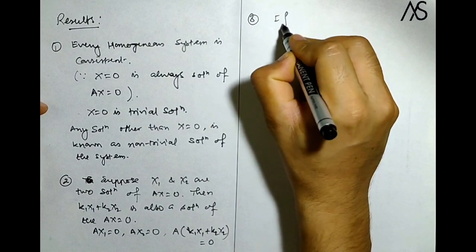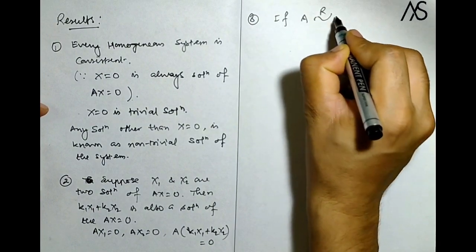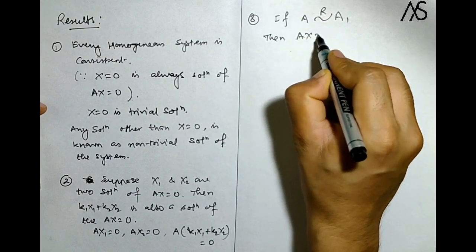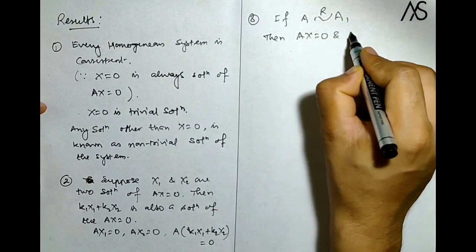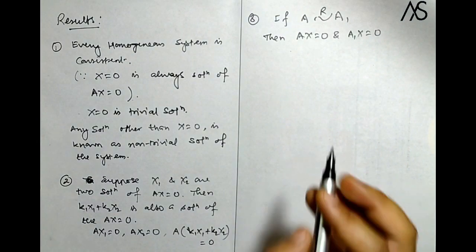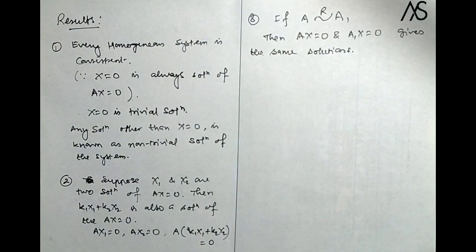It means if A is row equivalent to A1, then Ax equals to 0 and A1x equals to 0 give the same solution. Why is this happening, how is this happening?